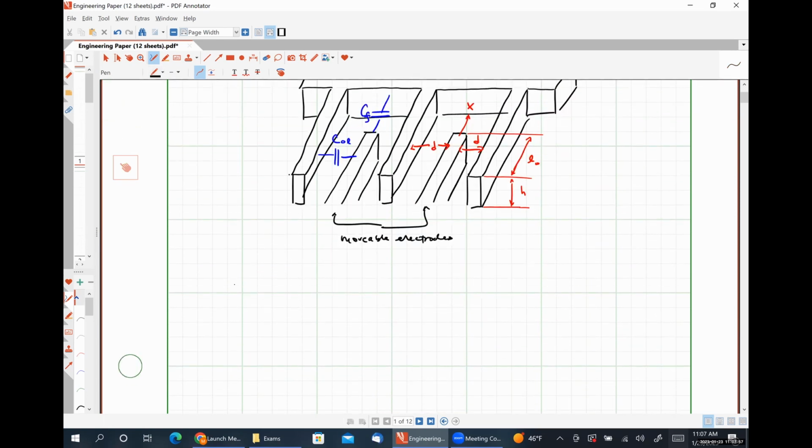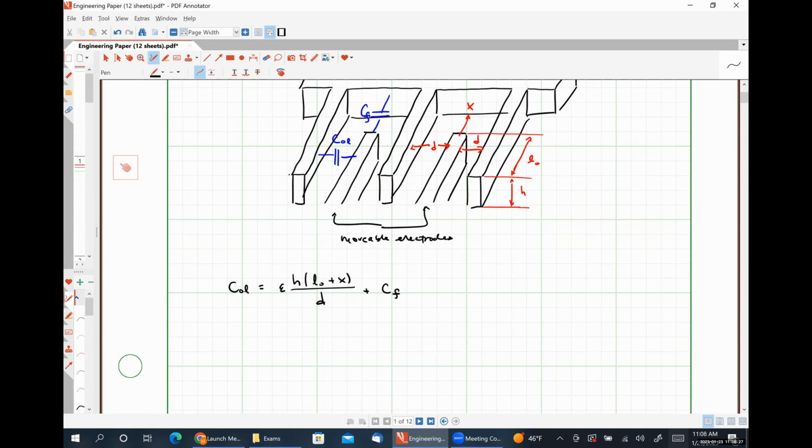So for a single finger, the capacitance is given by epsilon, the permittivity of material, multiplied by L naught plus X divided by the distance. And then we have some contribution due to fringe as well.